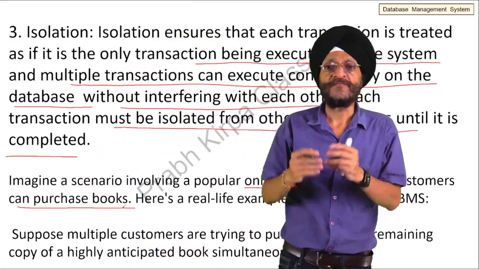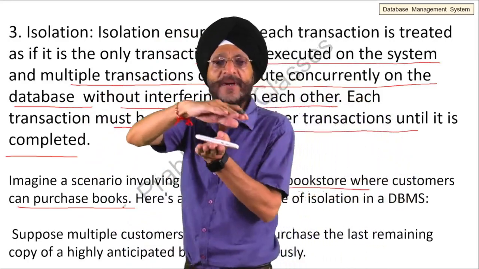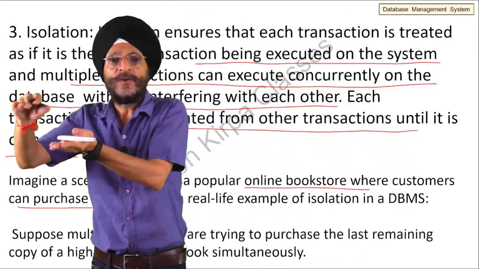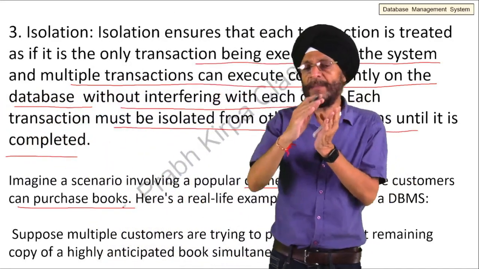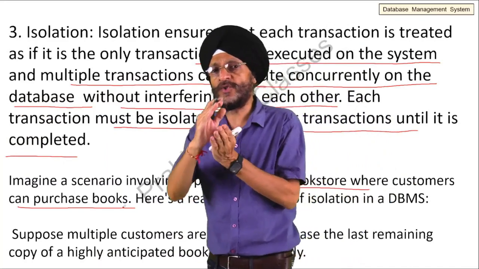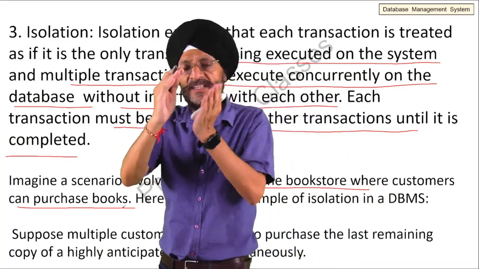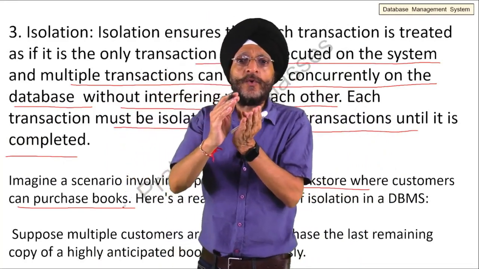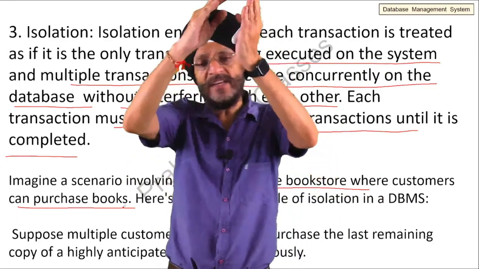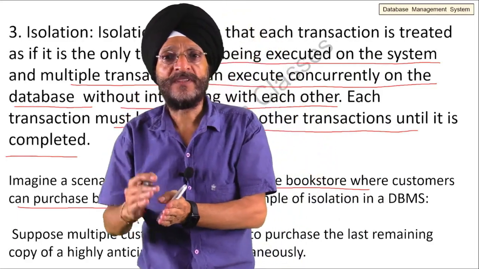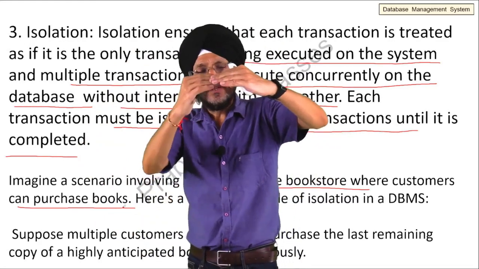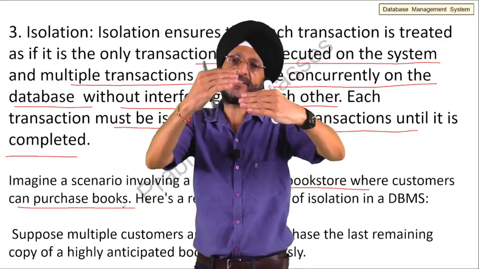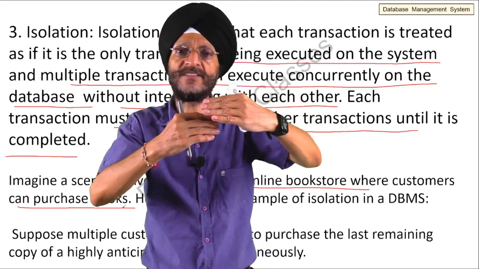In that case, though A and B are simultaneously trying to purchase the same book, the DBMS will ensure that the transactions behave as if they are in serial order, that is in queue. One transaction is in queue. After that, when the first transaction completes, then the second transaction starts.